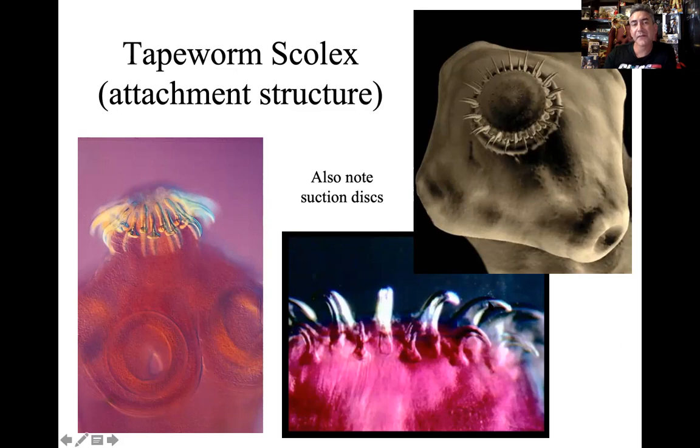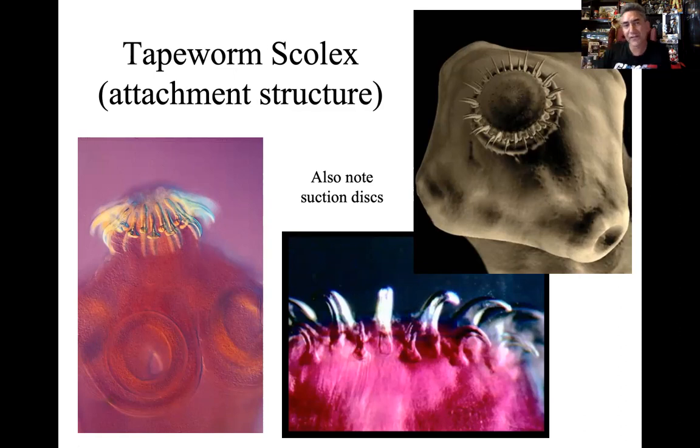And then that's going to be supplemented by these big suction discs. So the scolex basically punctures the intestinal wall, and then the more that it pulls down, the better grip it's going to get.